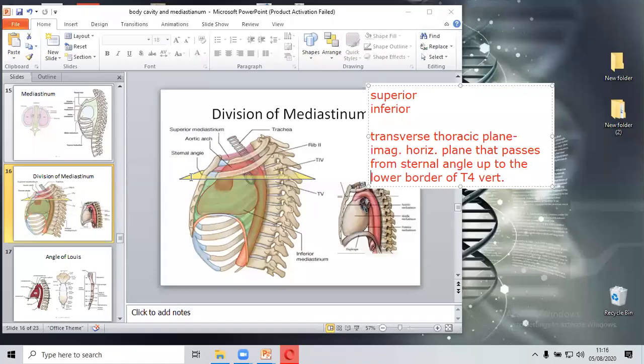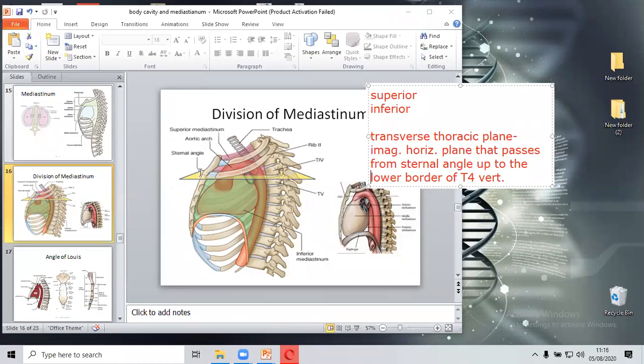Now I will tell you. See this yellow color plane here. This transverse thoracic plane divides the mediastinum into two parts, superior and inferior. How does it pass? Anteriorly, it passes through the joint between the manubrium and the sternal body, the manubriosternal joint or sternal angle.